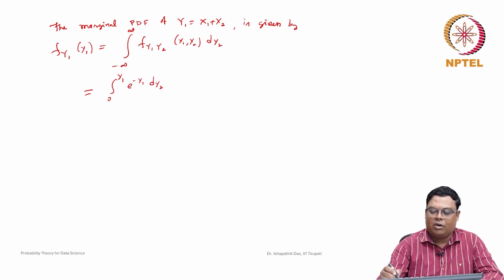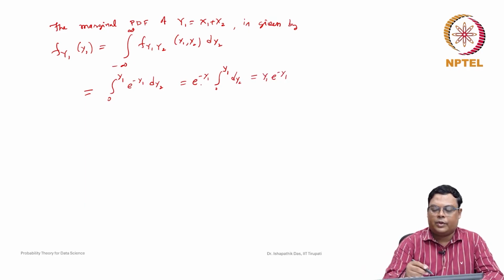Now this is independent of y2, so it is e to the power of minus y1 times the integral from 0 to y1 of dy2. If we do the integration, putting in the limits, this is nothing but y1. So this is y1 e to the power of minus y1.